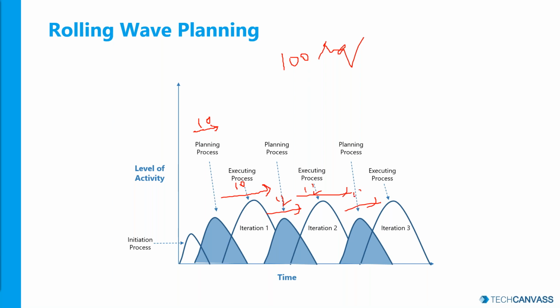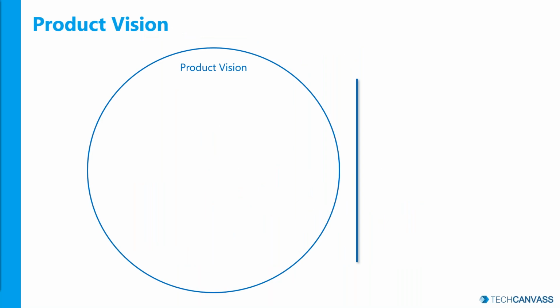Likewise, I'm repeating 10, 10, and as you are running through, your priorities may change. You may shuffle the requirements up and down. You have that flexibility. You did not have that flexibility in the earlier approach that we talked about, the waterfall.